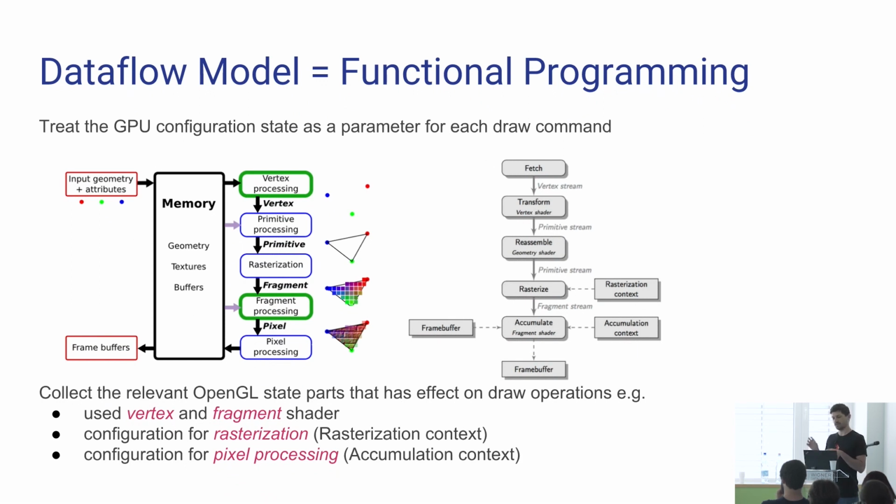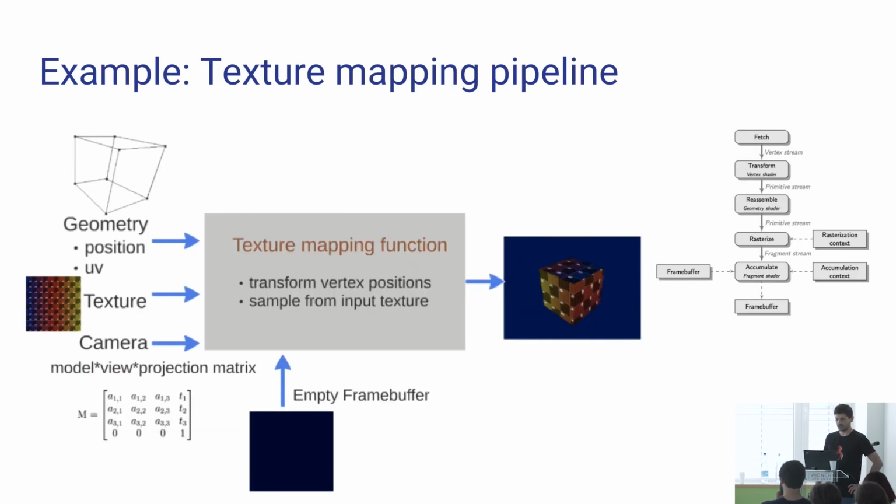So it uses pieces of information from this configuration. We can extract this information and put it into a data structure, which I call the rasterization context and accumulation context. That's the state which is relevant to the stage. That's how we can turn a stateful API into a pure one.